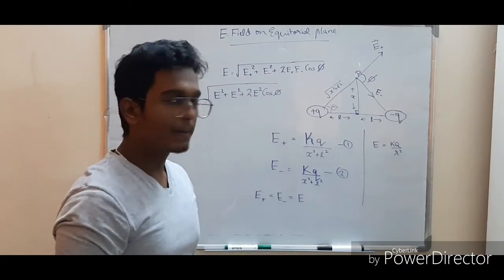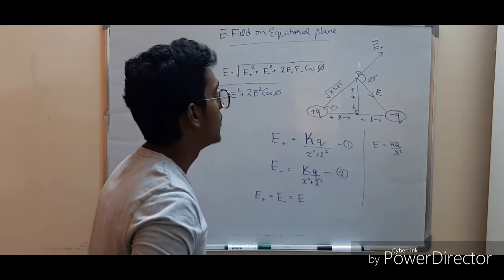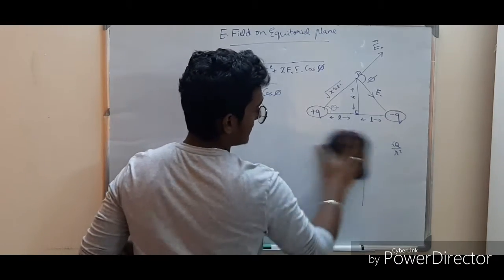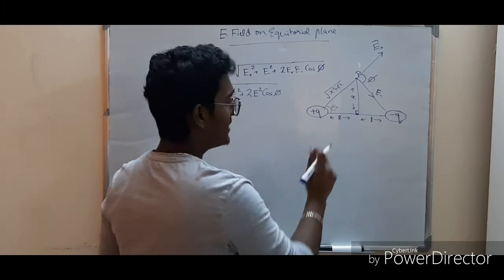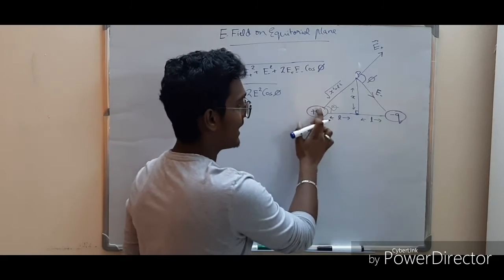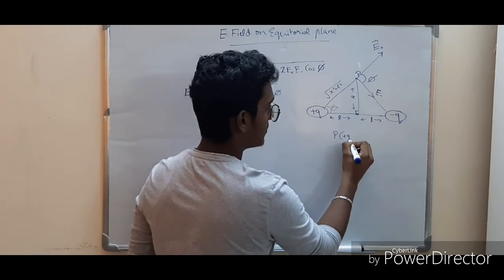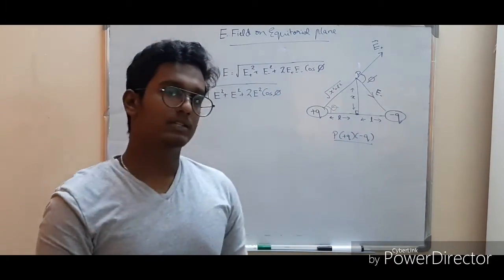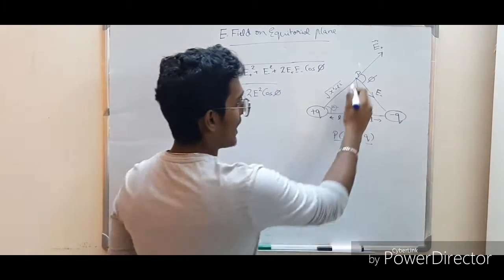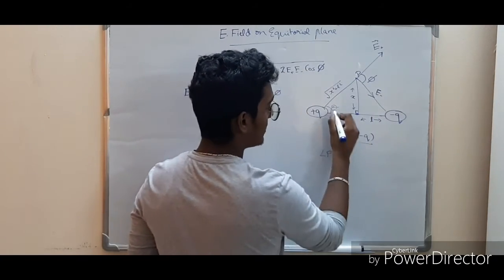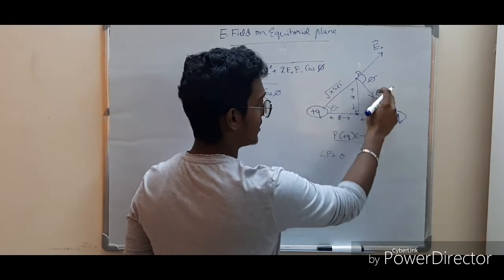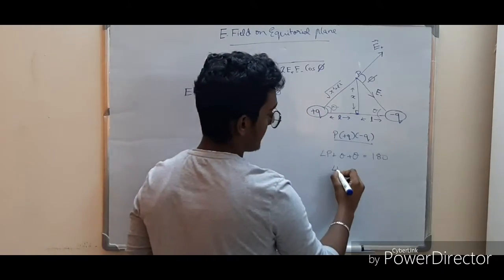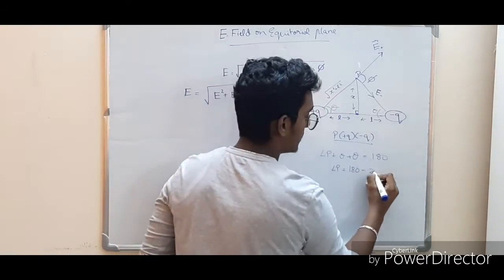So how do we calculate phi? Let's see. So I'm going to rub off these two parts. This angle is theta. So in this triangle P plus Q minus Q, the sum of the interior angles is always going to be 180 degrees. So angle P plus theta, and this is also theta because these two sides are equal, plus theta equals 180 degrees. So what is angle P? 180 minus 2 theta.